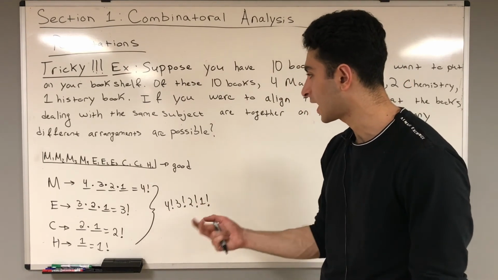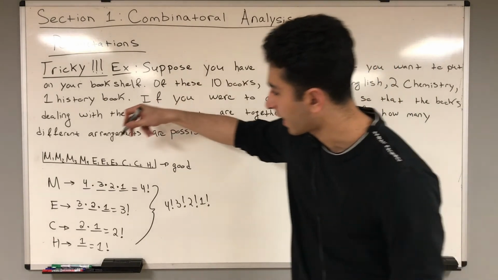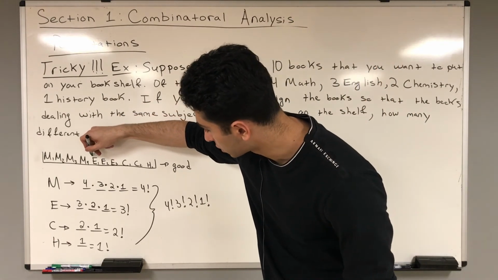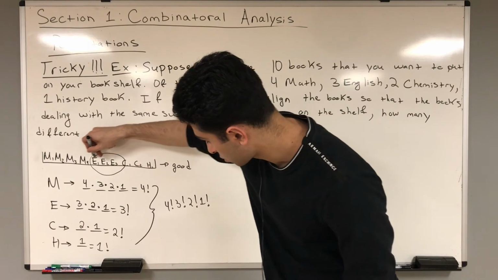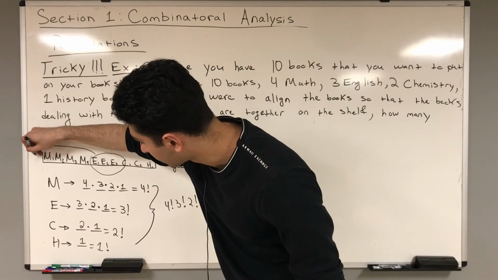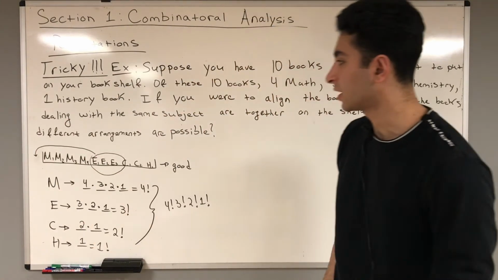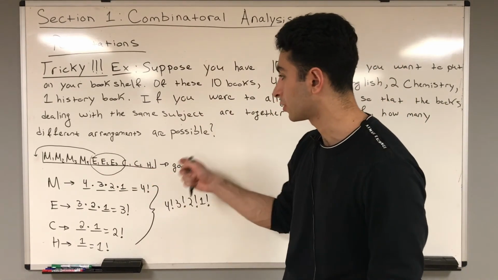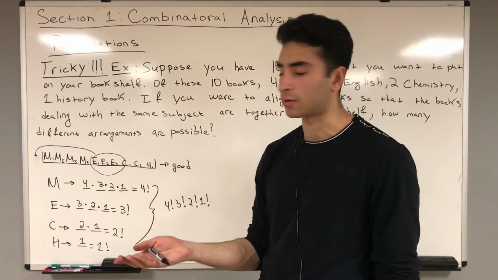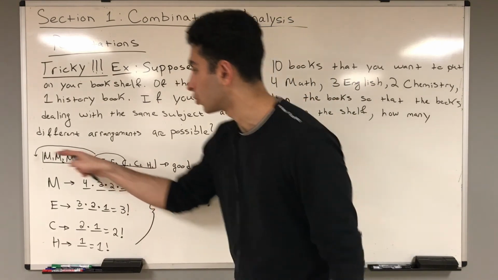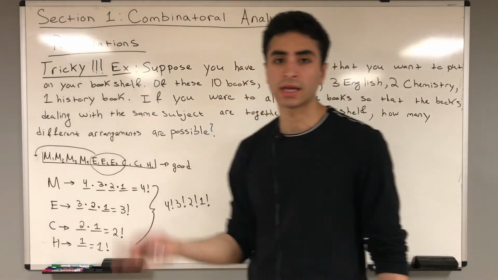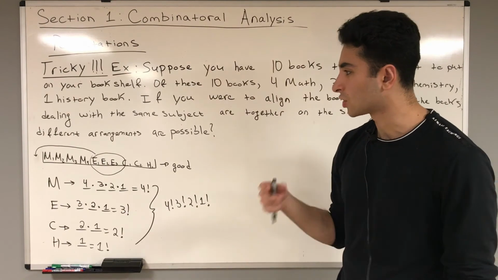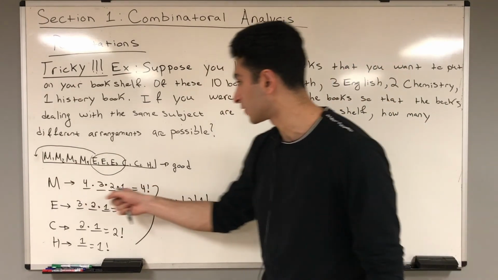However, we didn't account for the fact that I can move these 3 English books behind the math books, right? That's legal because in this example, the English books have to stay together, but I can still move them all together behind the math books.